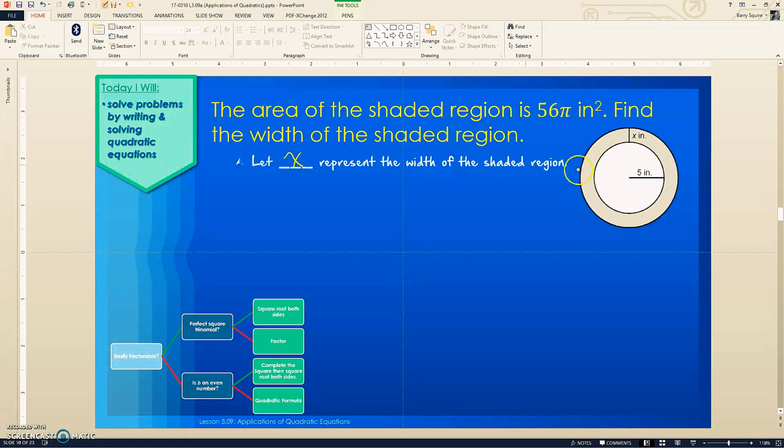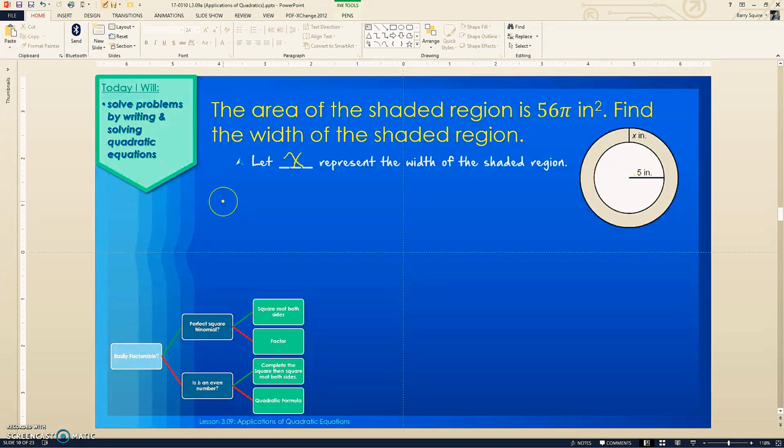We need to find out the area of the whole donut, the jelly-filled donut. So for that, we need to know the radius. Well, our radius there is going to be 5 inches plus x. So the area of the small circle, I'm sorry, I misspoke.